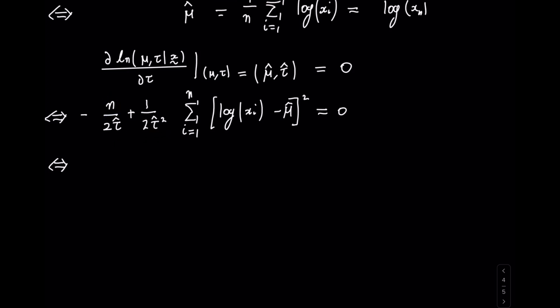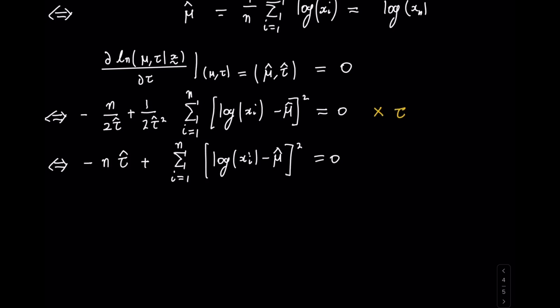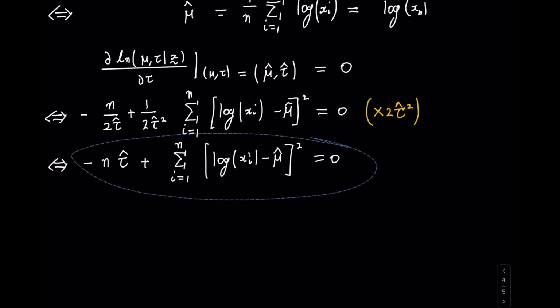So if we do that, we've got negative n tau plus the sum i equals 1 to n of (log xi minus mu hat) all squared is equal to 0. Again, just as a side note, I multiplied both sides by 2 tau squared, just in brackets here, to give me my next formulation.